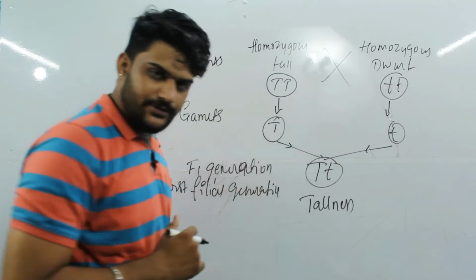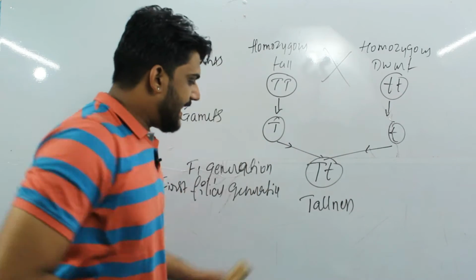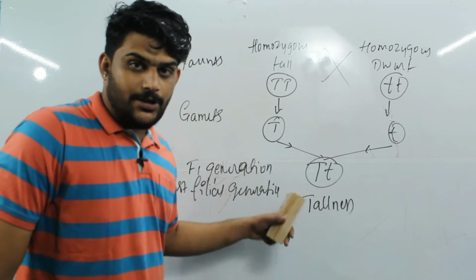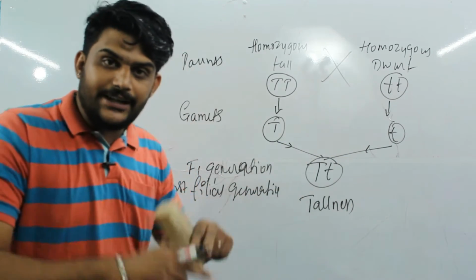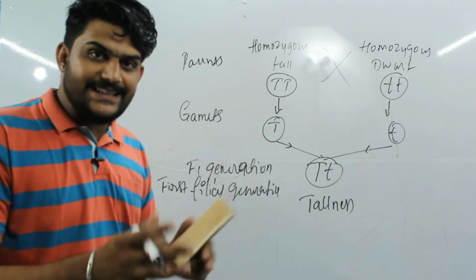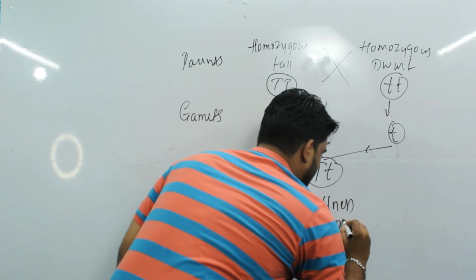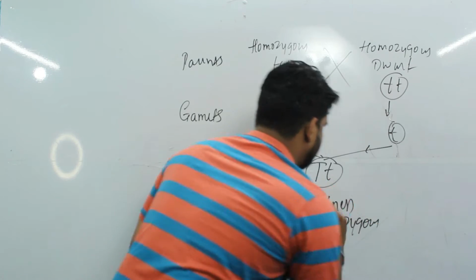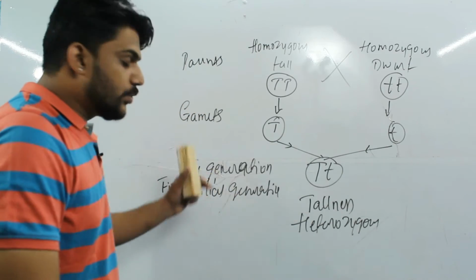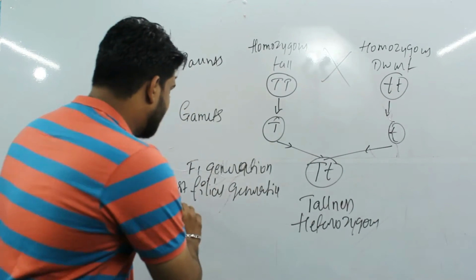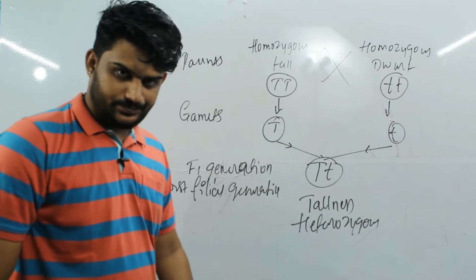One is tall and one is dwarf, where the capital T, the tallness, has expressed itself, which has given the tall plant. So if we have two different alleles in the same plant, then it is known as a heterozygous tall plant. Okay, it has been inbred to get the second filial generation, that is the F2 generation.